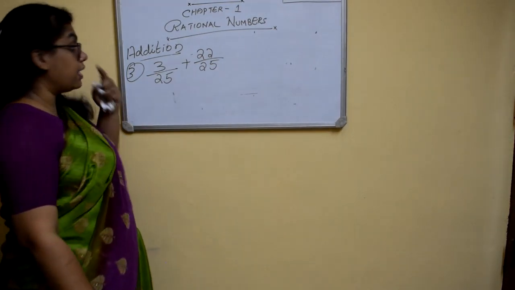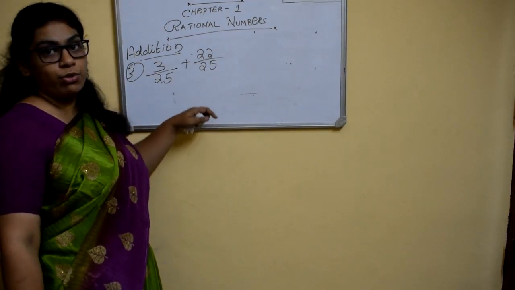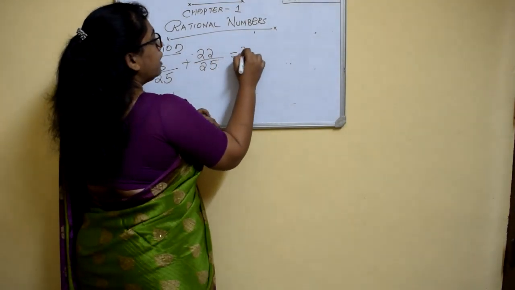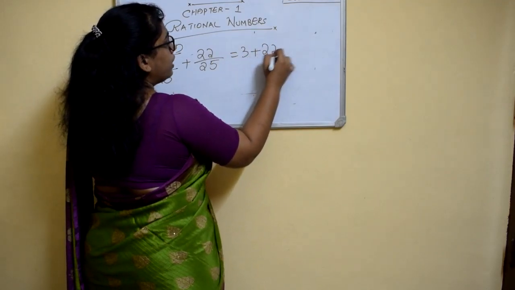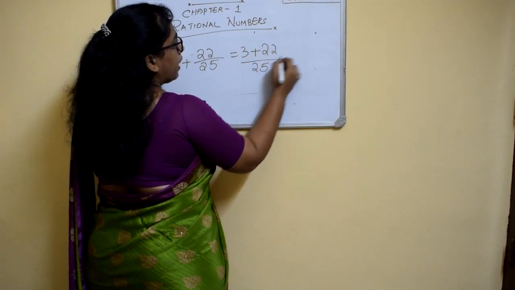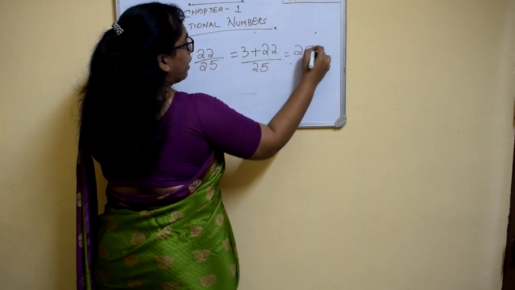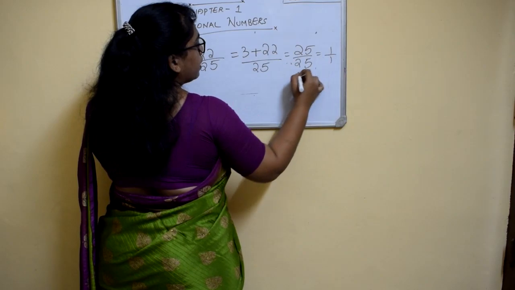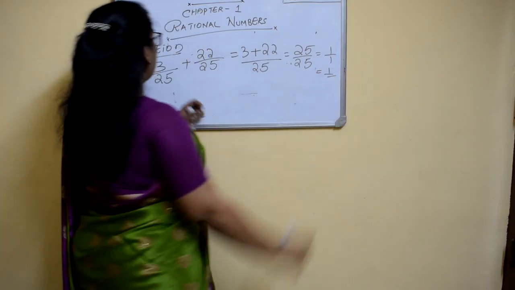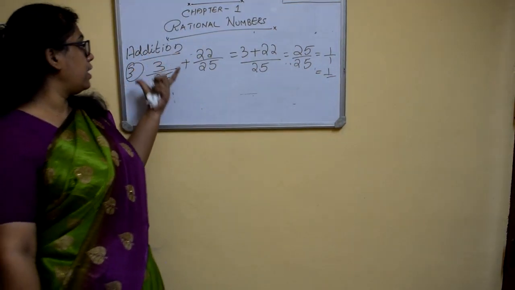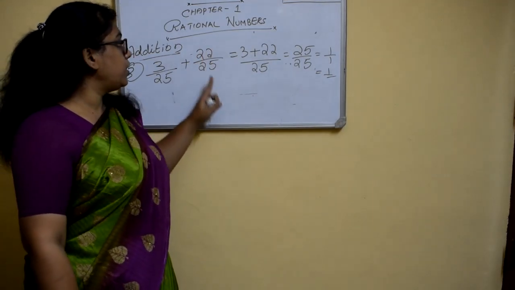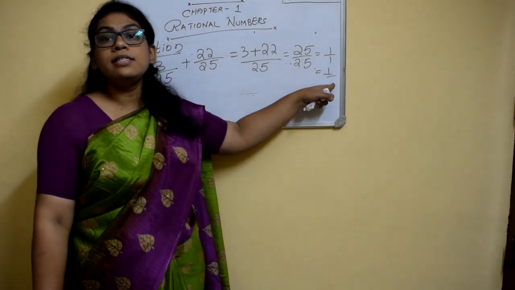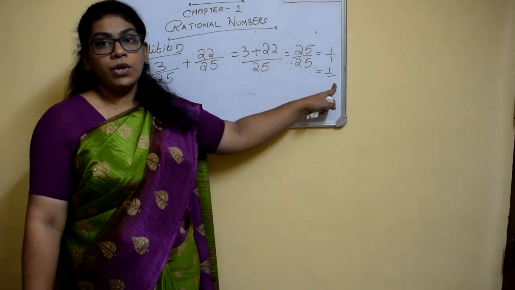What is the answer? 3 plus 22 divided by 25. The answer is 25 divided by 25. What is that? 1 by 1, that is equal to 1. So the answer is 1. 3 by 25 plus 22 by 25, that answer is 1.